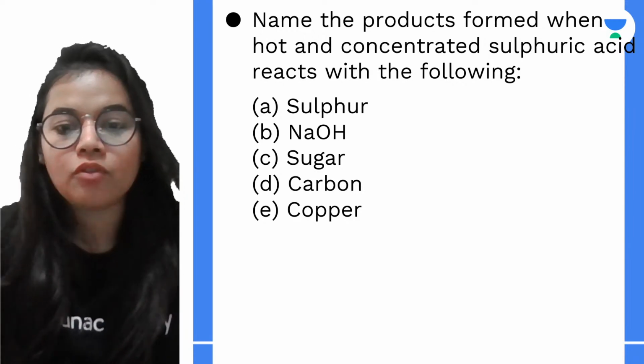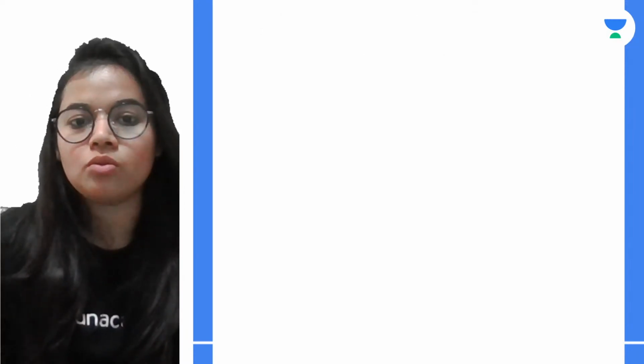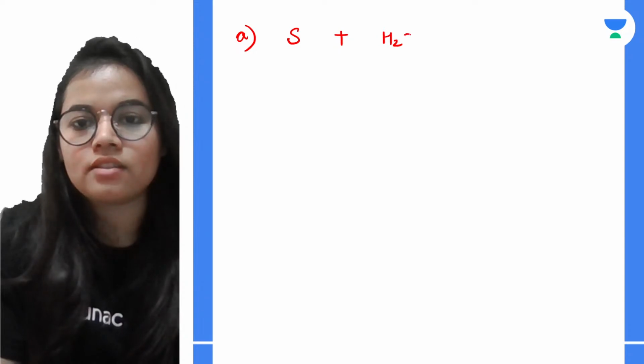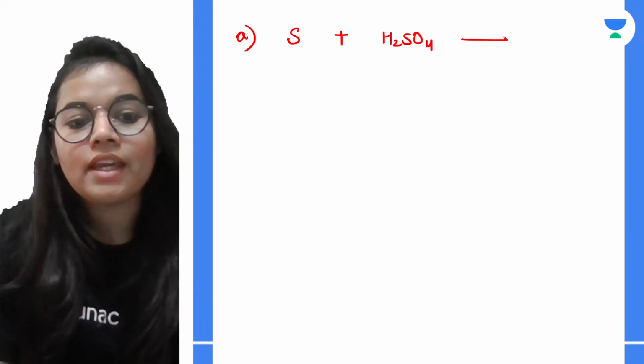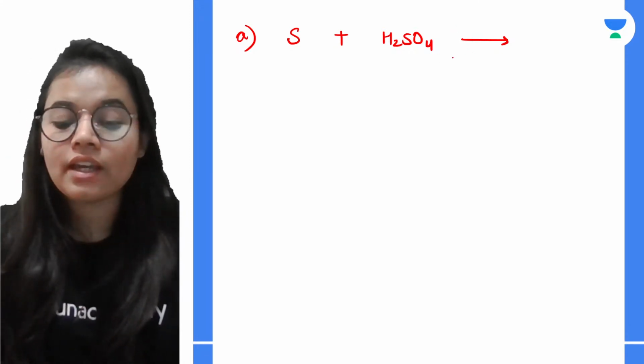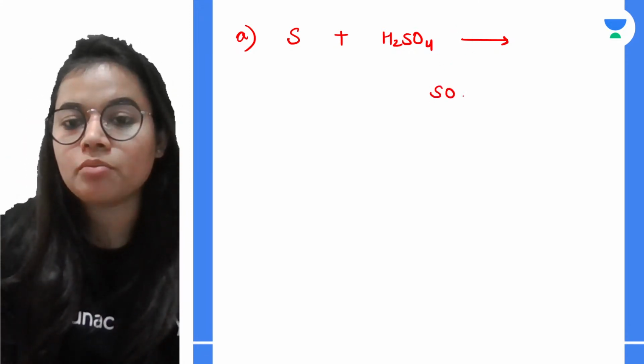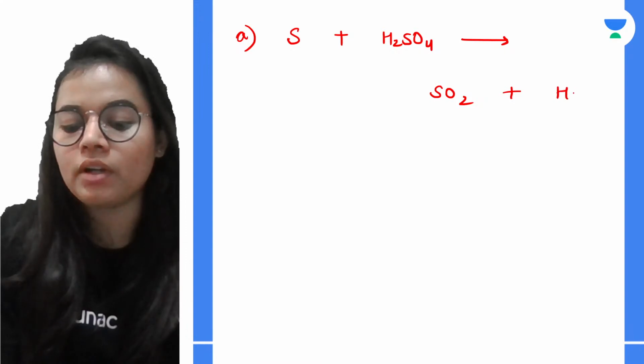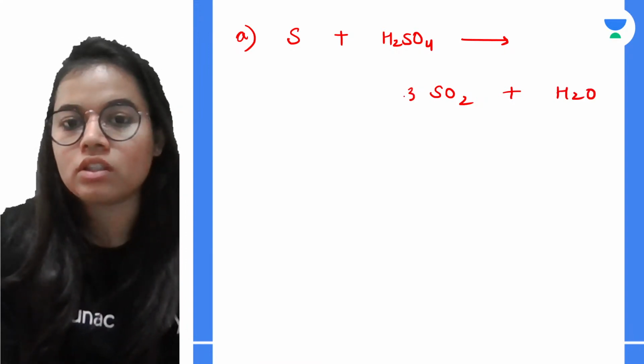Correct, Divya. It will be forming SO2. So first of all, when we take sulfur and it reacts with sulfuric acid, students please take care of balancing the equation. है ना, यहाँ तो चल जाएगा, but in exam you please focus on balancing the equations very properly. तो ये हमारा हो गया.